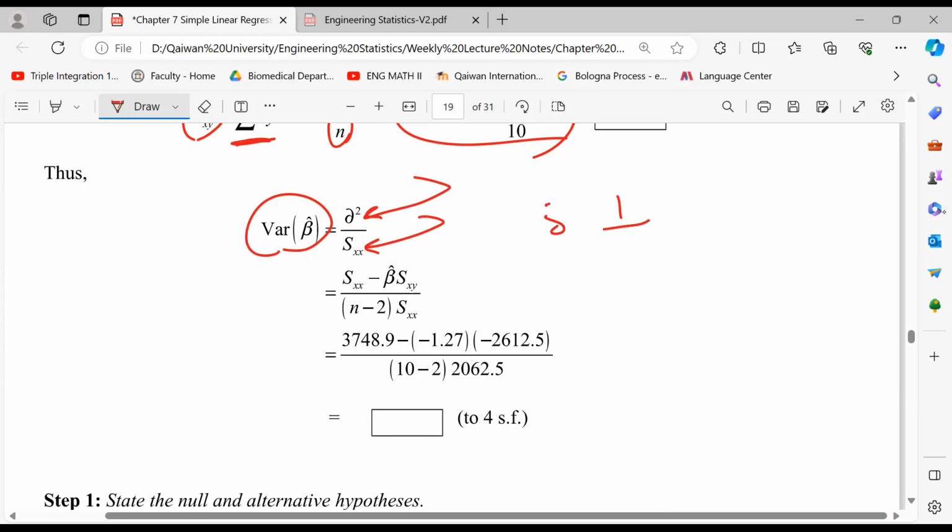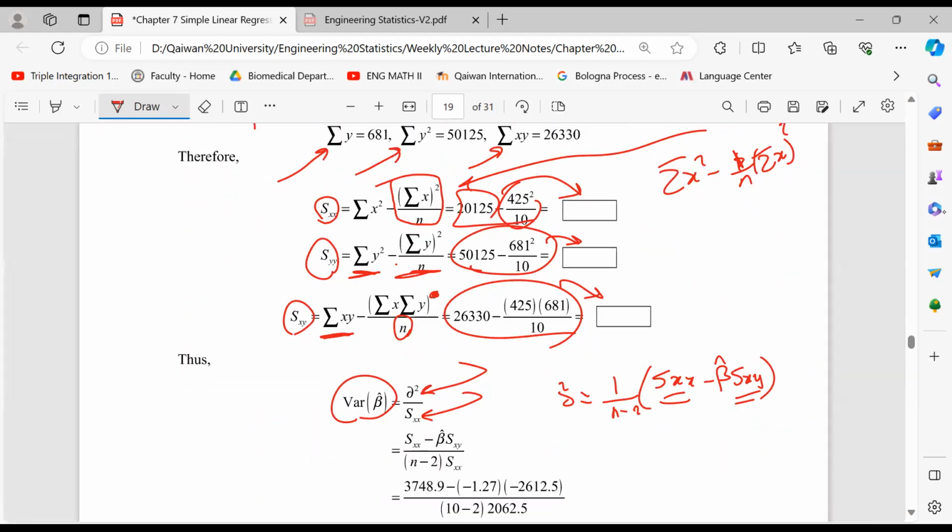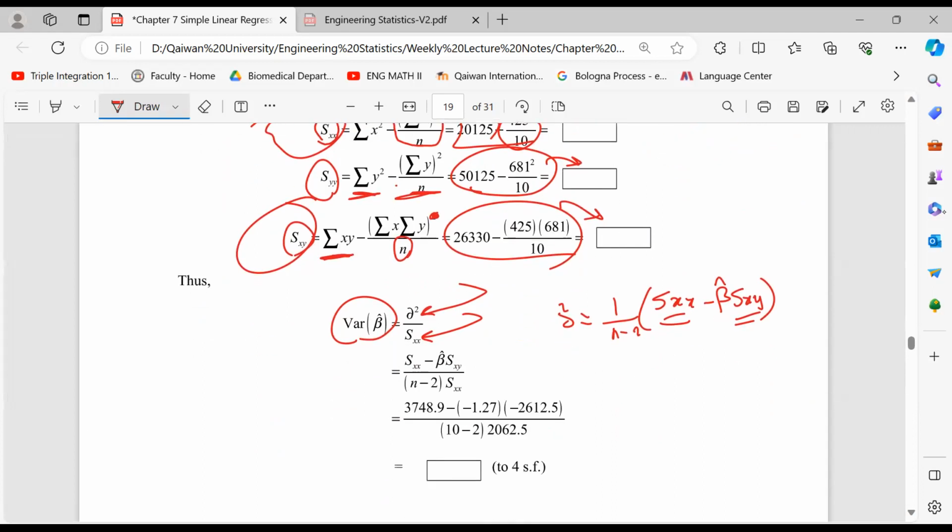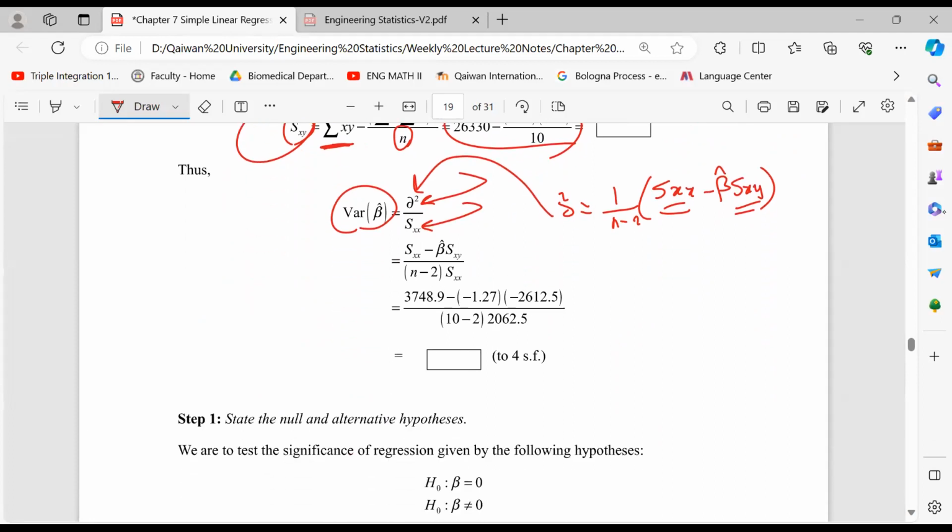Sigma squared is 1 over n minus 2 times S sub xx minus beta hat S sub xy. We already found these two, S sub xx and S sub xy. Plug them in there, and n is 10, as it's the number of data. We could get sigma squared, and then return to here. We get the result, and it is some amount.